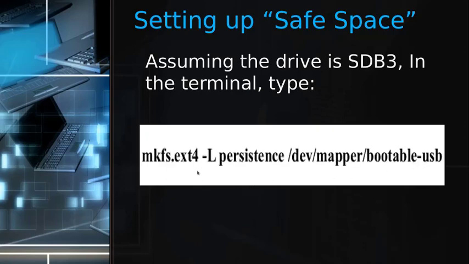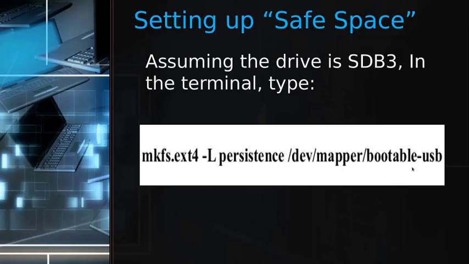So in this instance, we're going to actually format it as an ext4 file system. So we're going to label it as persistence, and make sure you spell this correctly: PERSISTENCE, followed by /dev/mapper/bootable-USB, because this dev mapper bootable-USB was created in the previous section.